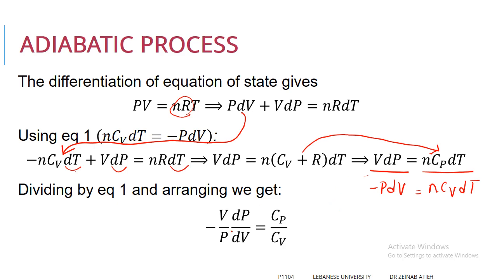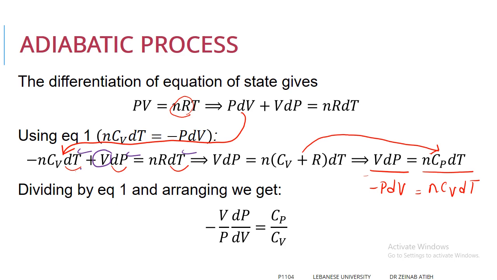The whole goal is to keep only two variables in the equation, not three. I had a V left over, which I will mark with another color. I had temperature, pressure, and temperature, but I also had V remaining. So I have to get rid of this V, or I have to get rid of the temperature. I have to get rid of one of them and keep only two in order to find a relation between only two. This is the goal.